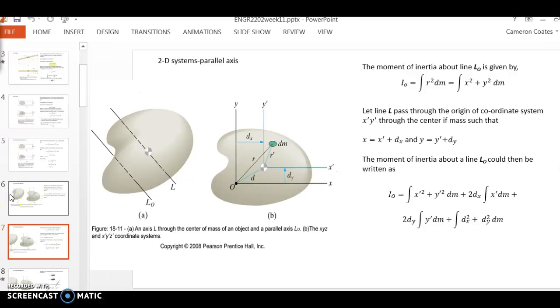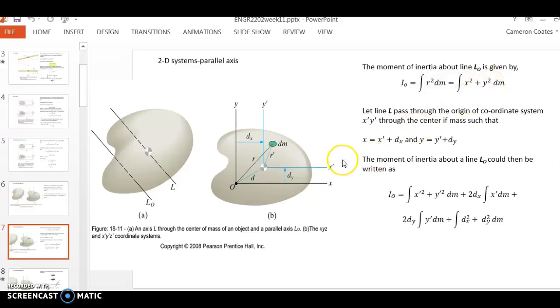My r is a perpendicular distance from that line. Remember, the line is perpendicular to the plane of the board, so r must be perpendicular to that line because r is in the plane of the board, right? So I have my perpendicular distance from that line to my element dm, the integral of r squared dm. And of course, we know from Pythagoras' theorem, r squared is x squared plus y squared. So I could write it as such, right?